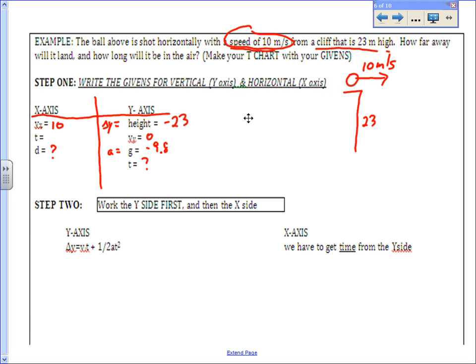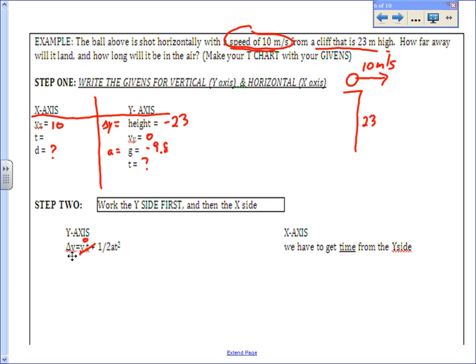So once we've done our little diagram and our t-chart, we're going to work the y-side equation first. And we can use our kinematic equation, delta y equals vit plus 1/2 at squared. Because the vy is 0, we're going to get rid of the vi times t, because that's going to be 0.